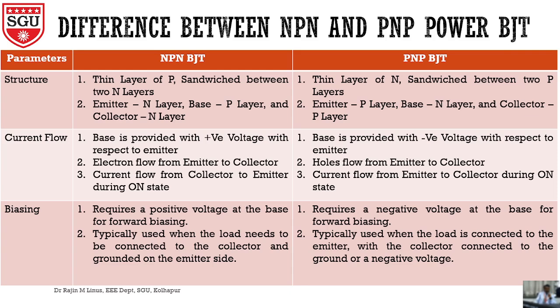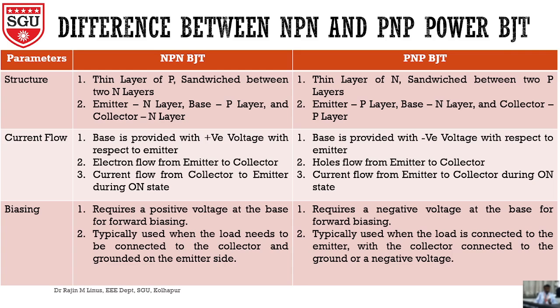At the same time, in the PNP transistor, the N layer is connected to the base terminal. Therefore, we have to give a negative voltage so that the junction will be forward biased. With respect to that negative voltage, the current will be given to the base.